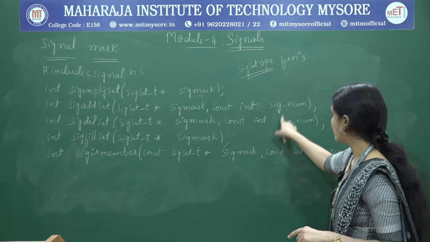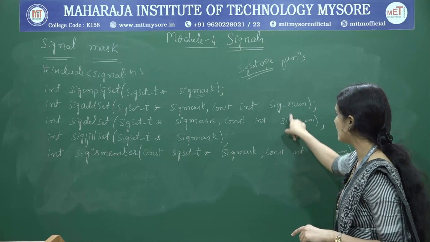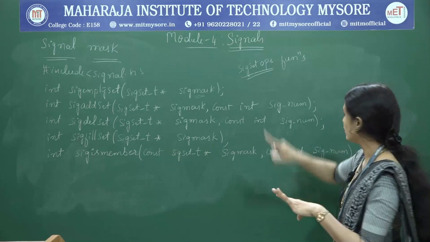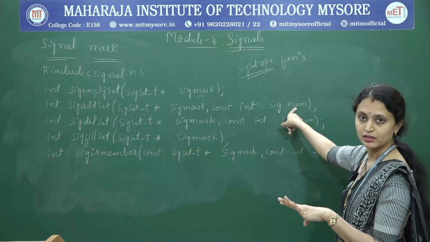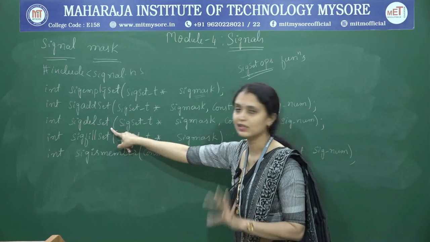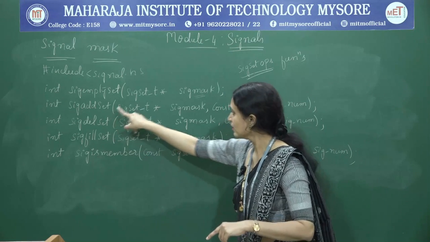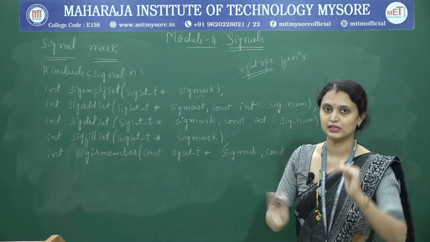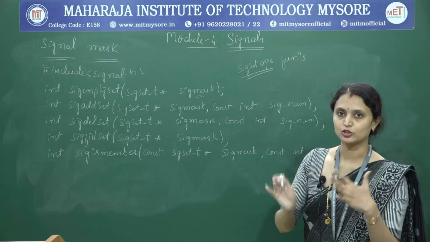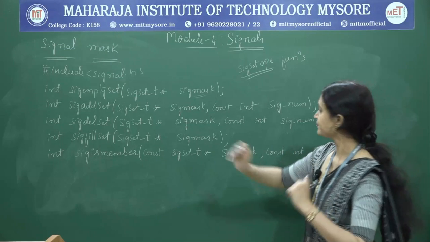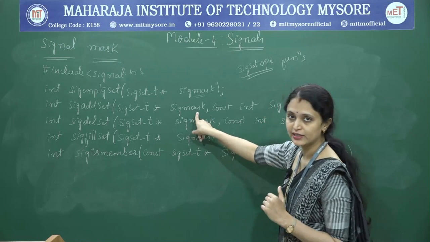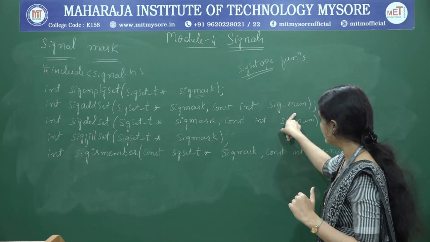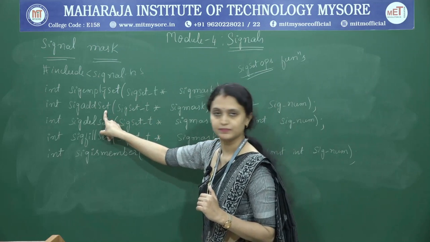So here what we are providing? We are providing the signal number, that means in the complete signal mask, nothing but the set of signals that has to be blocked, for that particular signal the flag will be cleared.